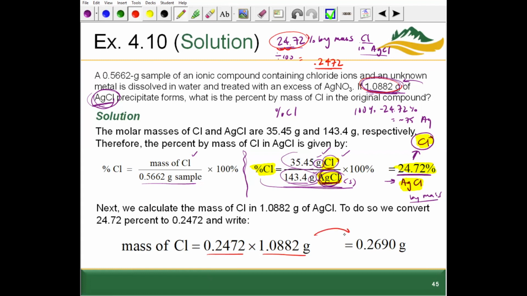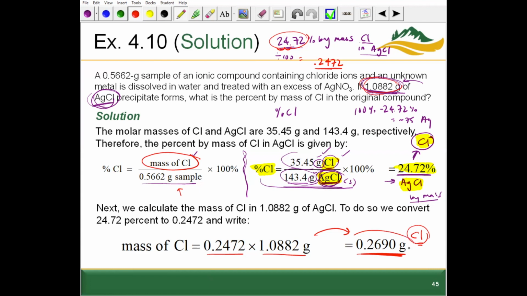That tells us in the final precipitate, there's this many grams attributed by Cl. Then with this much attributed by Cl, that had to come from the original compound. So now this is the mass of Cl. This was the mass of the total unknown original sample.